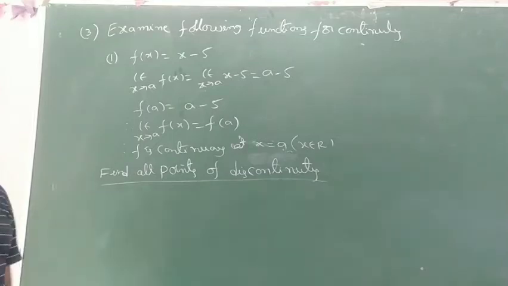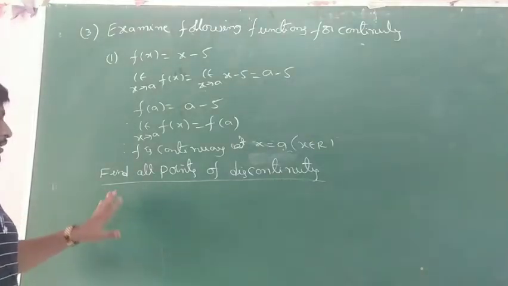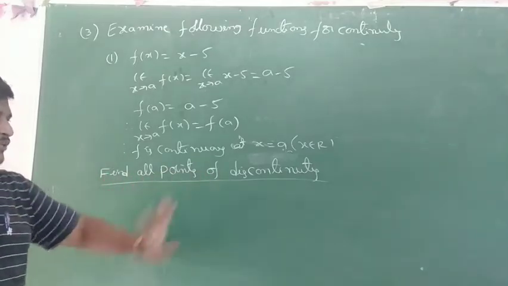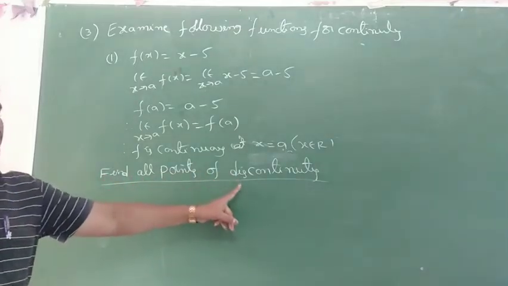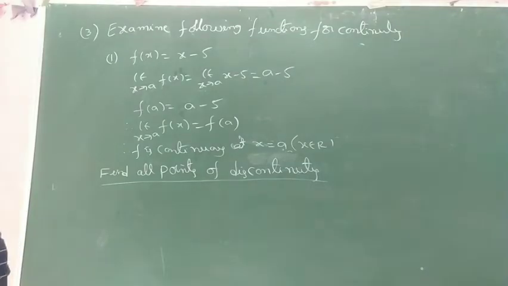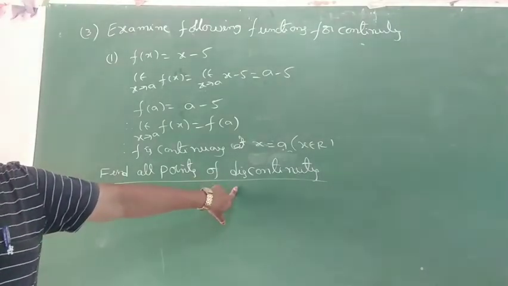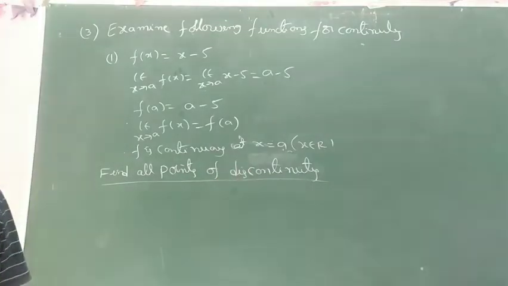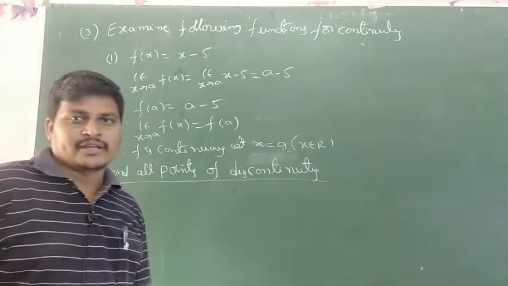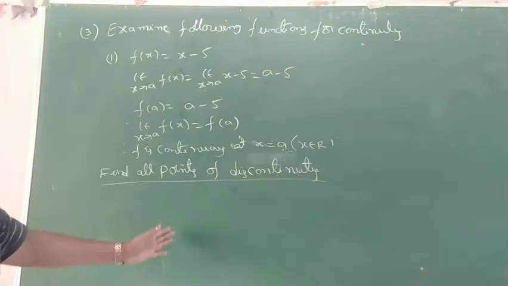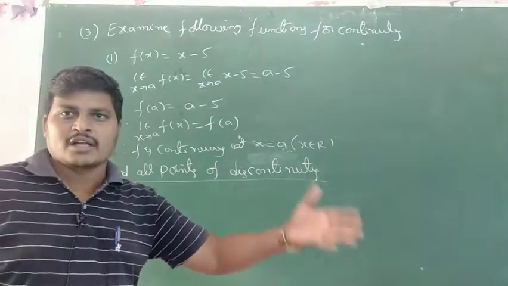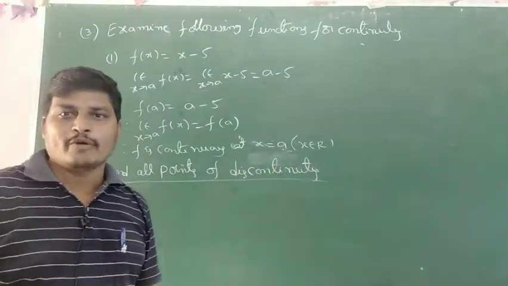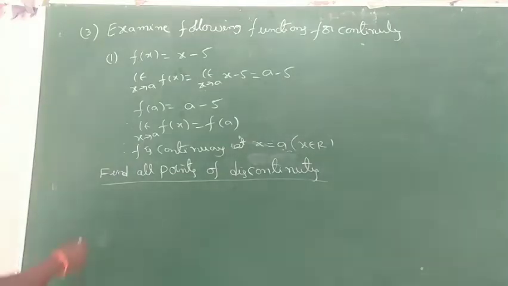There are many functions, six, seven or so, and we have to check the discontinuity of the given functions. The problem is discontinuous at which values? Okay, the given function is discontinuous at x is equal to a, 1 or 2 or 3 or any points. Okay, that's one.